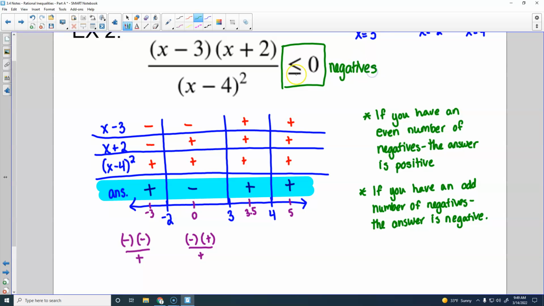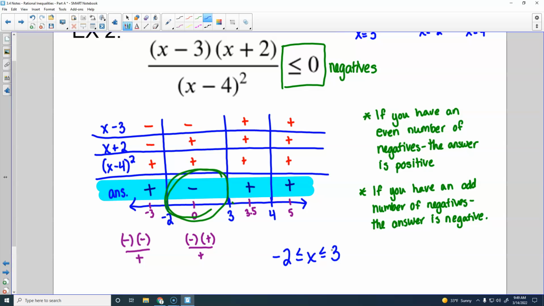And this is a little bit tricky here because this one is less than or equal to. So when you have the or equal to, you just got to think a little bit harder about your answer. So I'm looking for negatives. Negatives are right here. That's the only section that gives me negatives. And so I'm going to say negative 2 less than or equal to x less than or equal to 3.